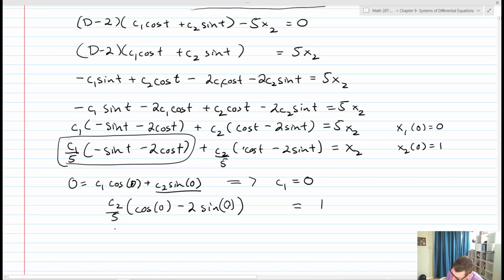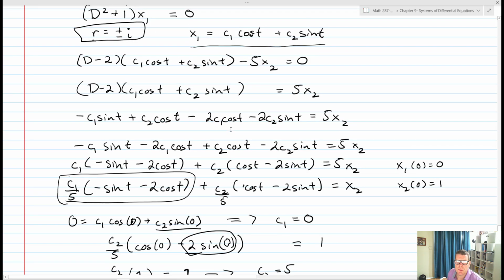So that gives me that c2 over 5 times 1, because the sine term is zeroed out, is going to equal 1. And so consequently, c2 is going to equal 5. And there we go. That's going to allow me to get x1 and x2.